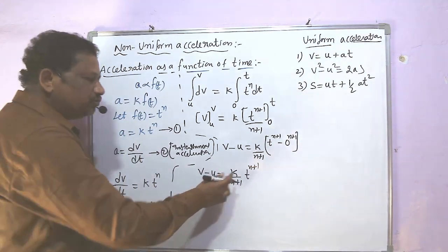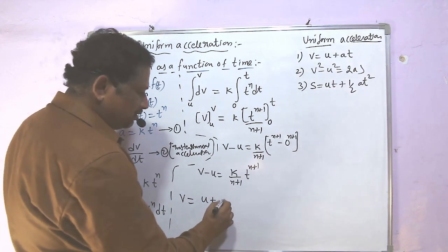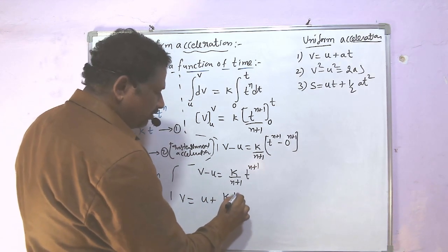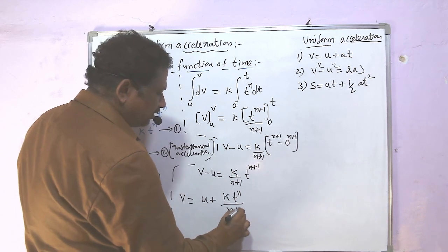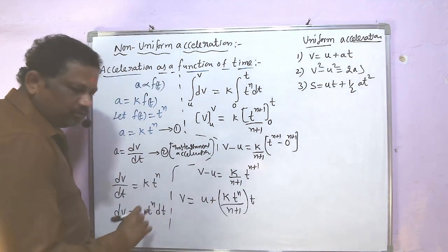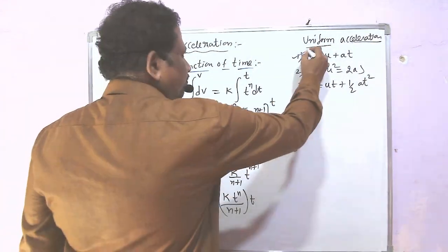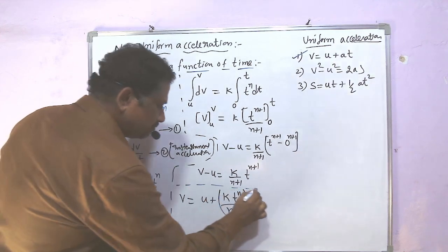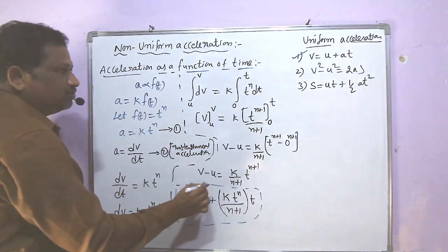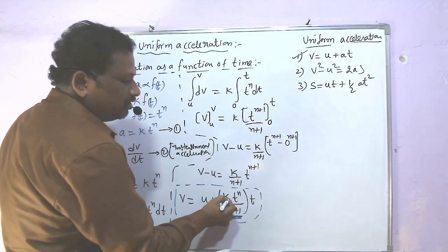So now which form is it? This is the first equation form. Carefully observe here, v is equal to u plus, in the place of acceleration, k into t power n by n plus 1. Varying acceleration changes with respect to the proportional constant k and n. In the place of acceleration, we have this function, and this is the t.